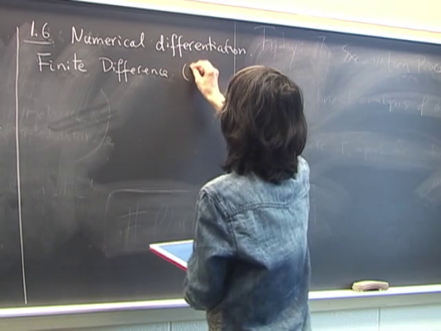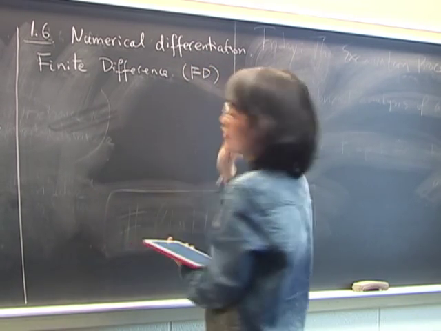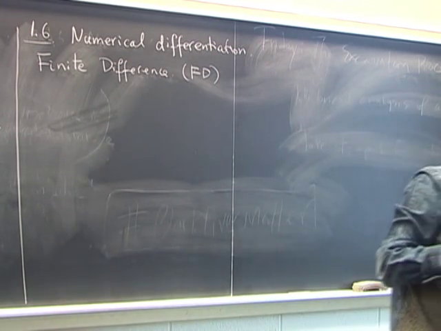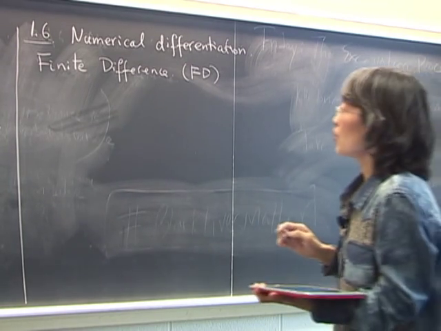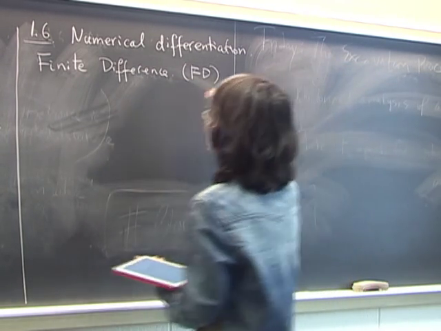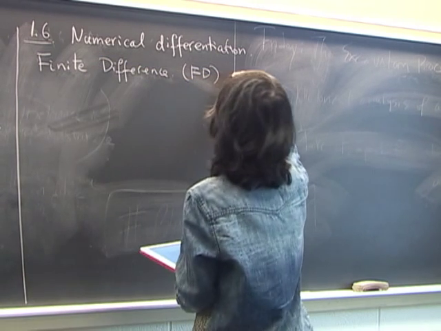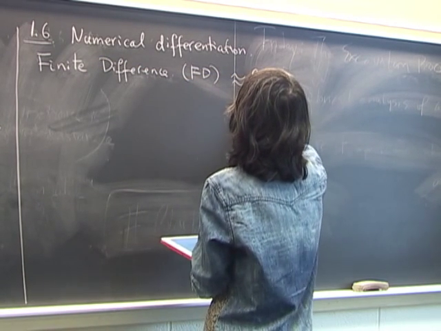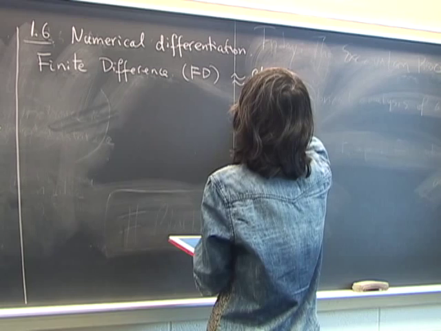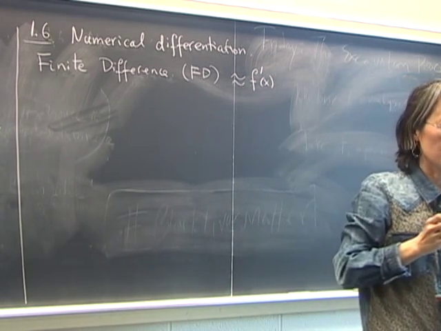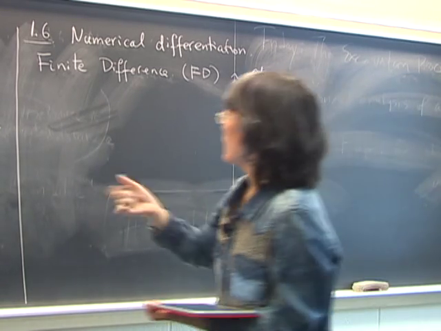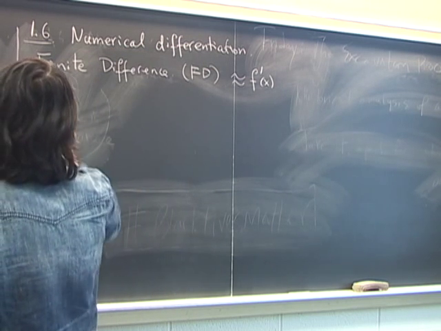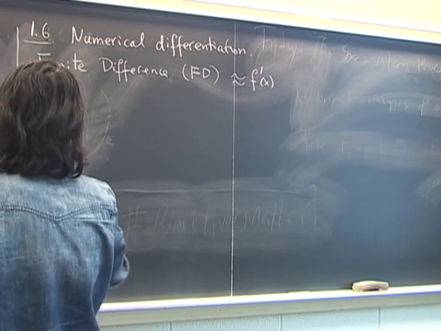Okay, and I will use the shorthand FD or FDM, finite difference method, for it. Is that okay? So you have a function f, and the whole idea is to approximate f prime at x. How do you do that? Okay, so we'll talk about 3 different methods and we'll analyze them.